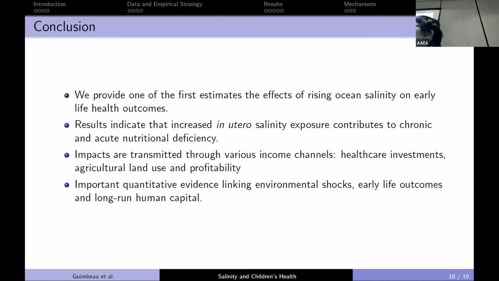And that spills over into the postnatal period, where they decide whether to vaccinate their kids. So if they have less income, we believe it's a consistent story that they spend less on their children.